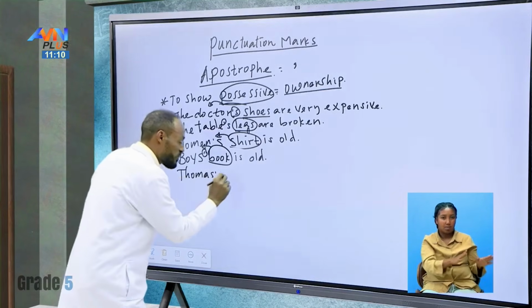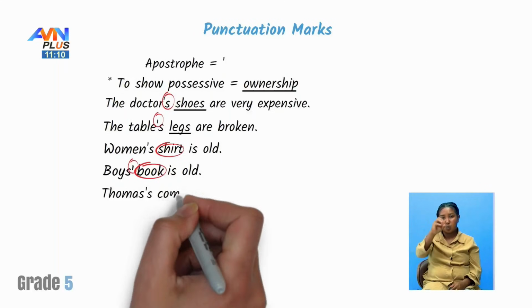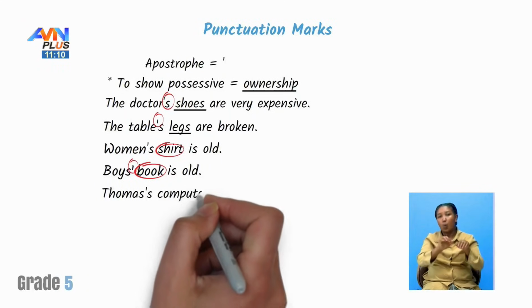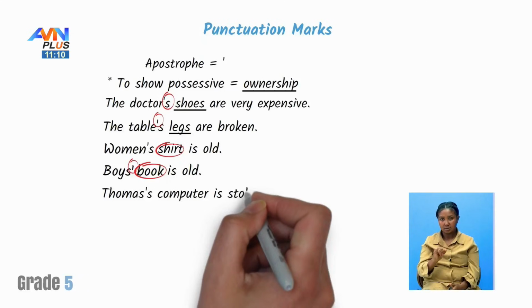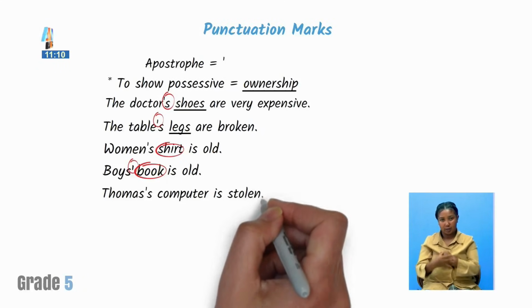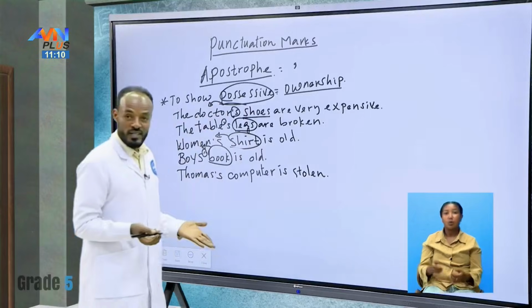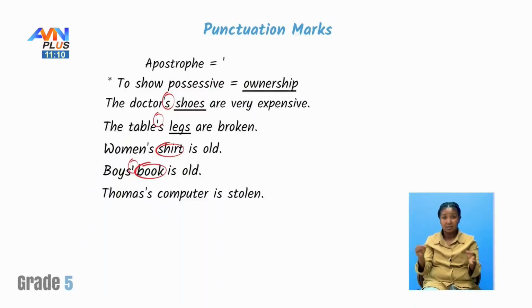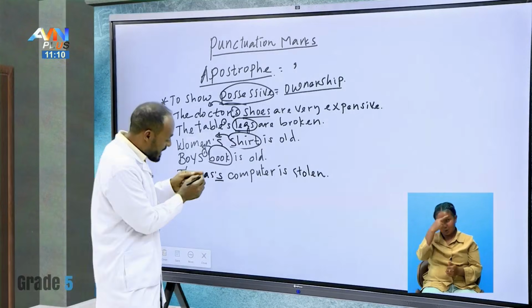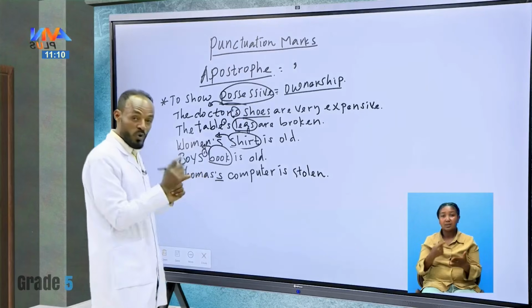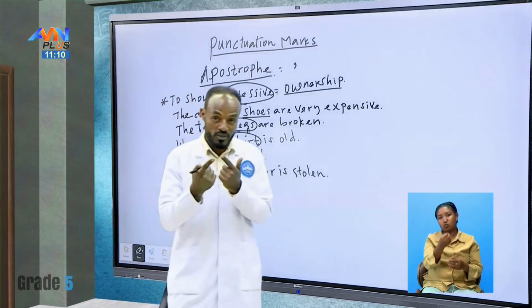So, Thomas's computer is stolen. When we say this sentence, here we use apostrophe S because this is just one person, not two or more.